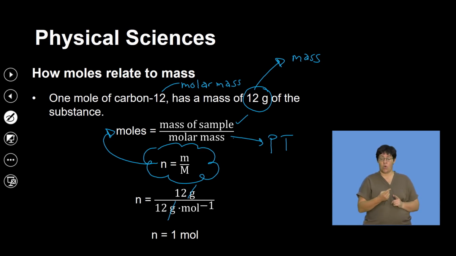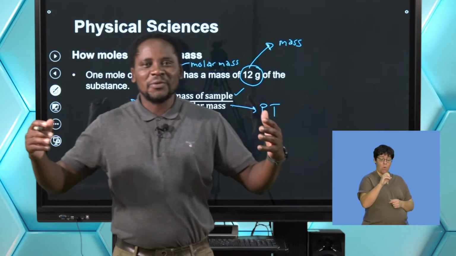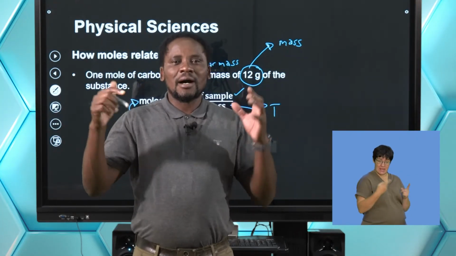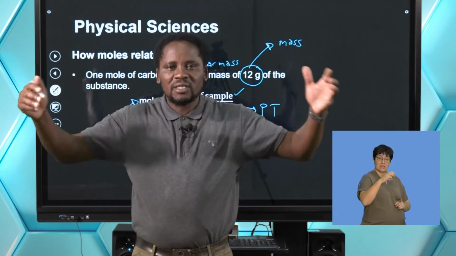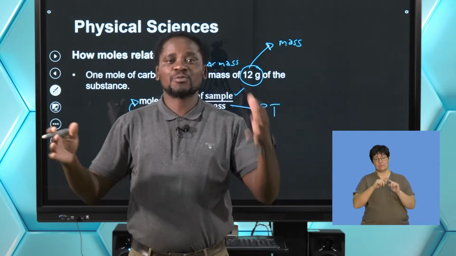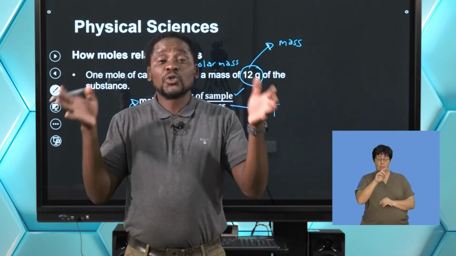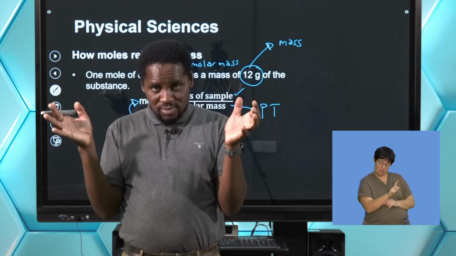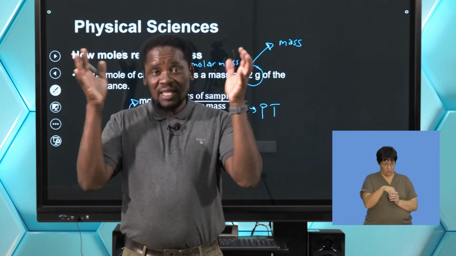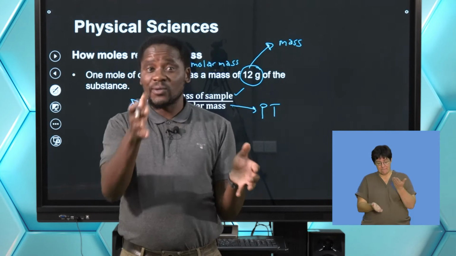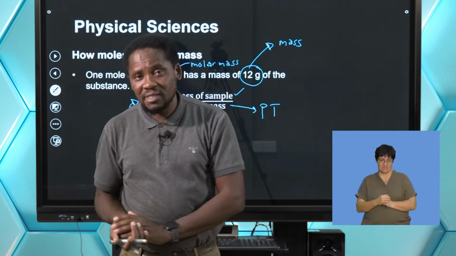So a mole of carbon-12 has a mass of 12 grams. Let's go over that again. A mole is that number, 6,02 times 10 exponent 23. One mole of carbon, which contains that number of particles, which is a constant, has a mass of 12 grams.